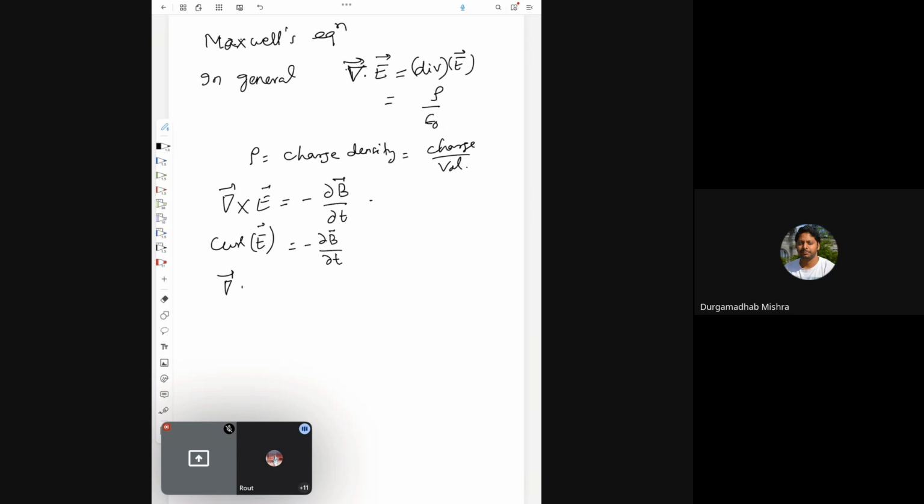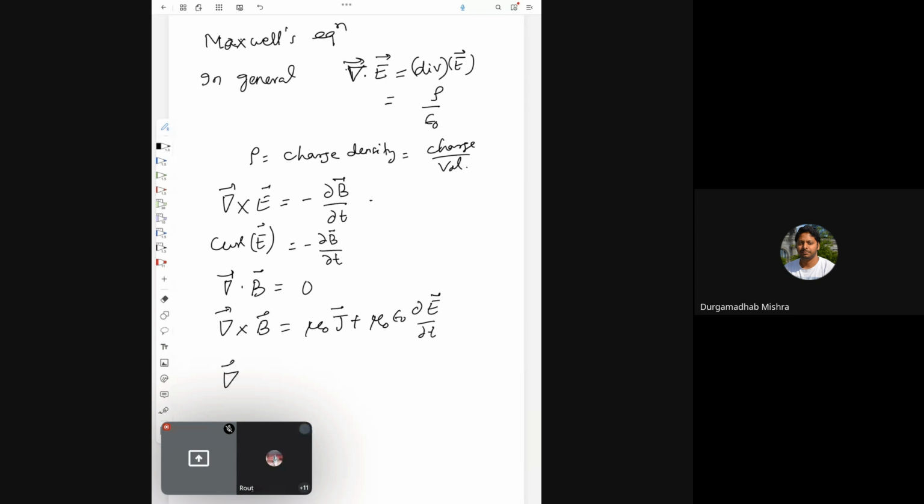Then there is del dot B, which is equal to 0. The fourth one is curl of B equal to mu naught J plus mu naught epsilon naught del E by del t.